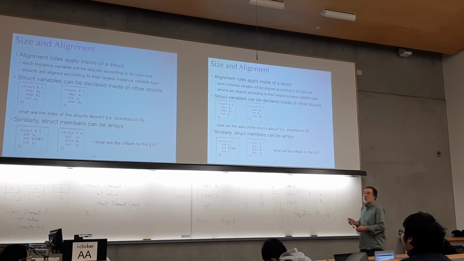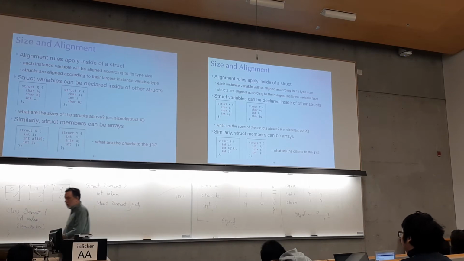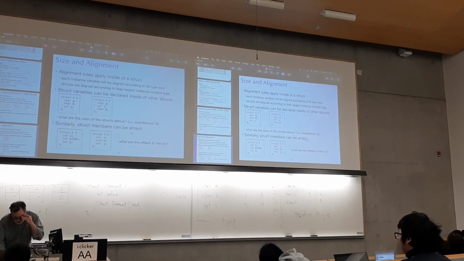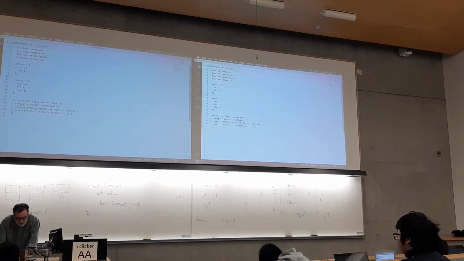How would I find out? Well, I can go over this program. I can just print it out. So here it is. Over here, there's struct Y. I don't even need any of this, right?